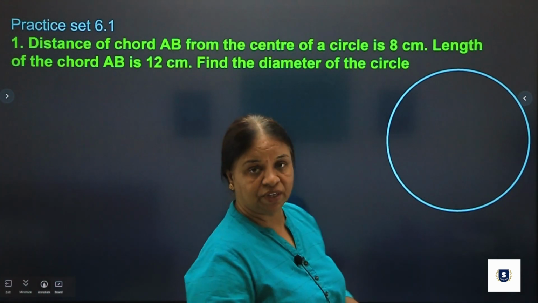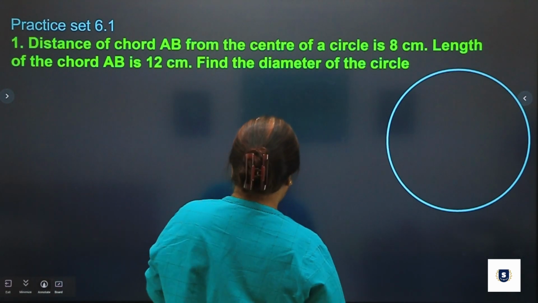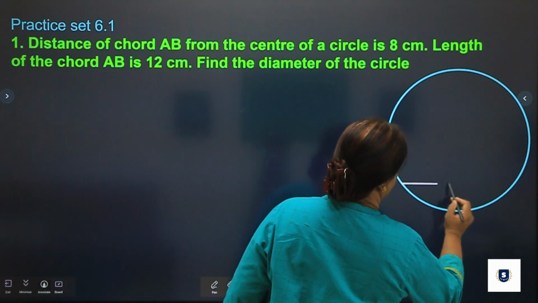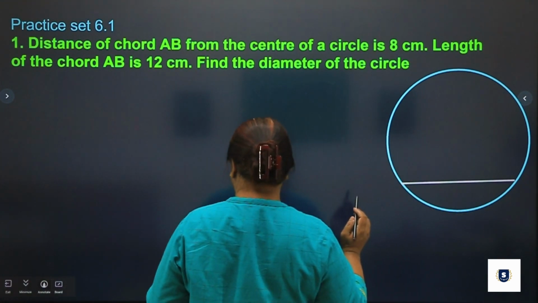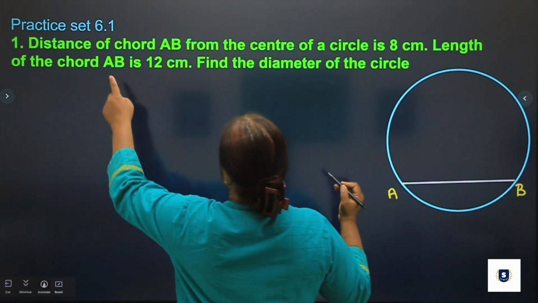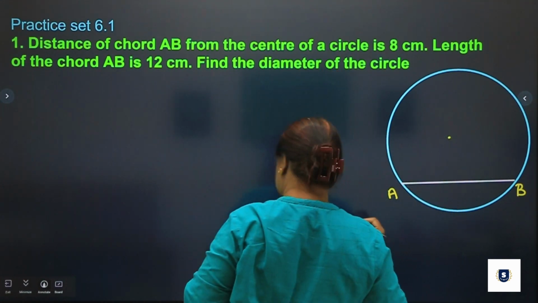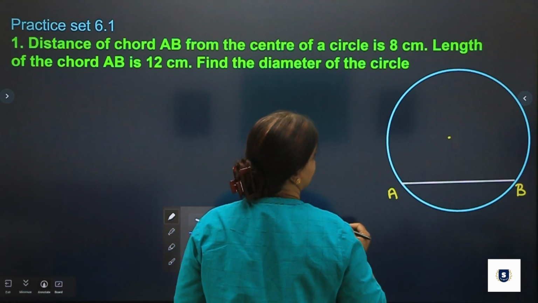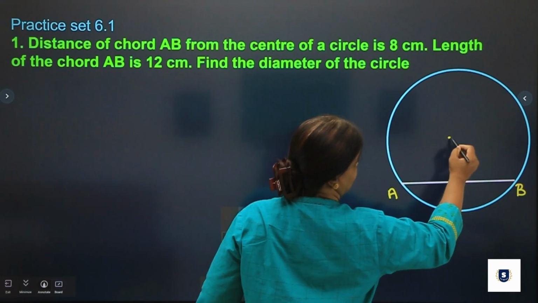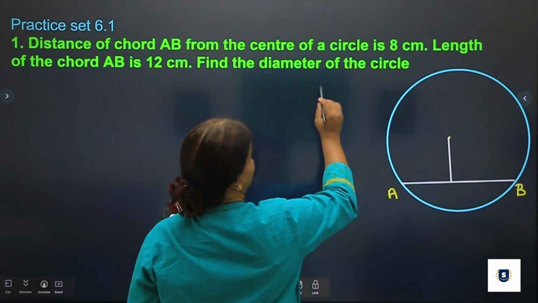Practice set 6.1. The sum says distance of the chord AB. Let us draw the chord AB. From the center of a circle, let O be the center of the circle, and the distance of the chord AB from the center of the circle is 8 centimeter.